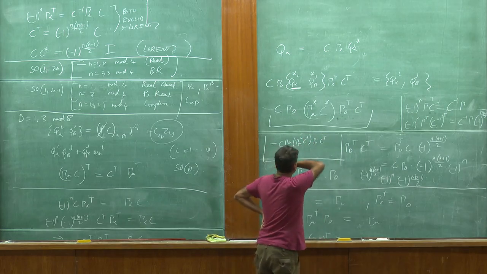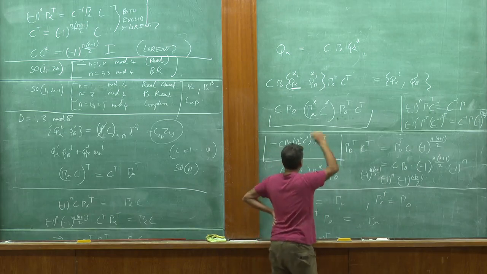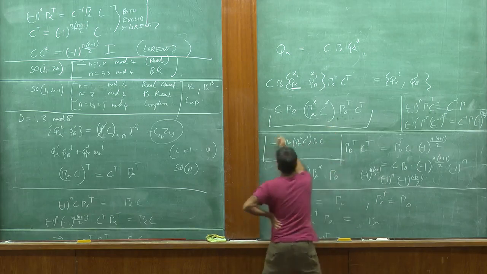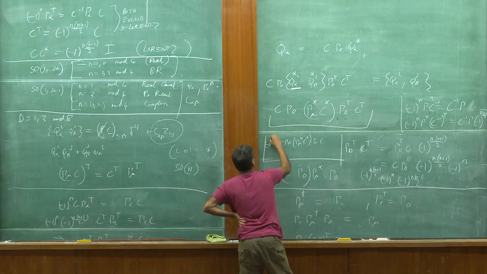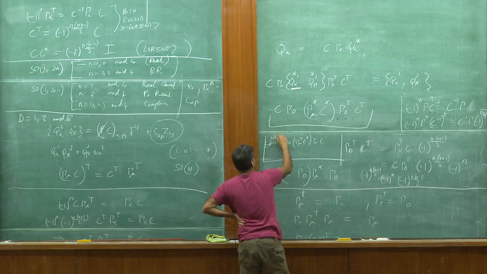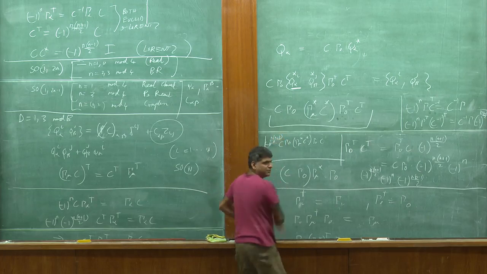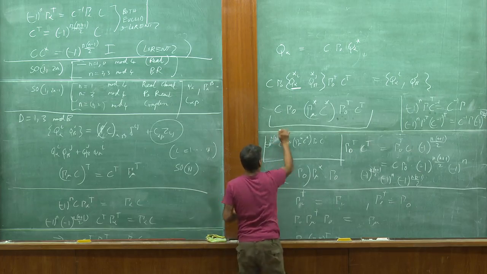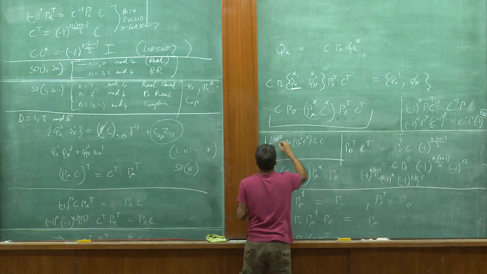Now, C transpose was equal to this times minus 1 to the power n into n plus 1 by 2, and then there's the extra minus.